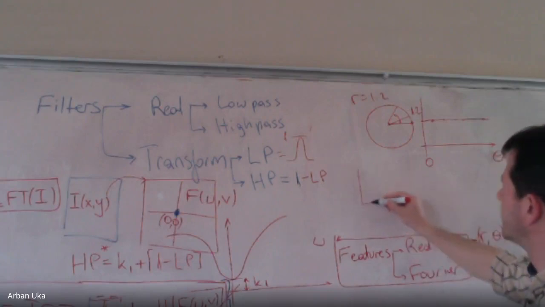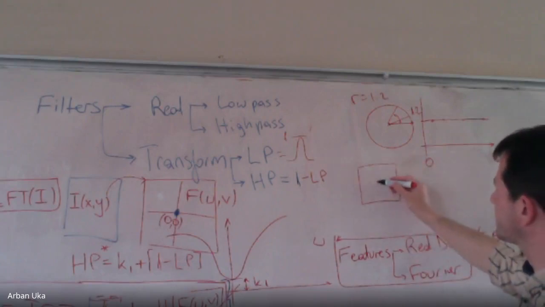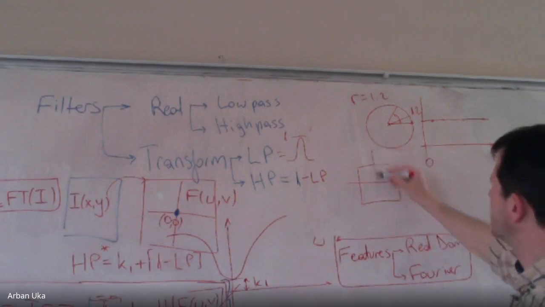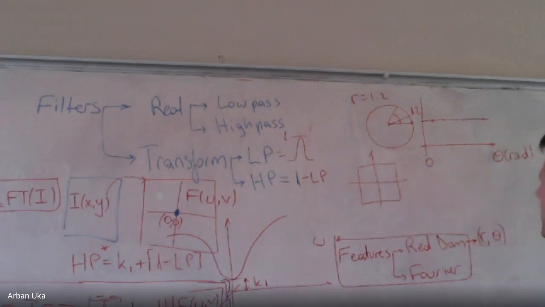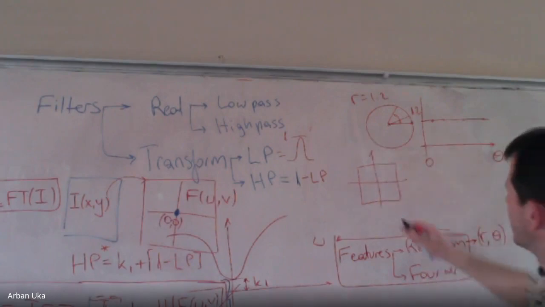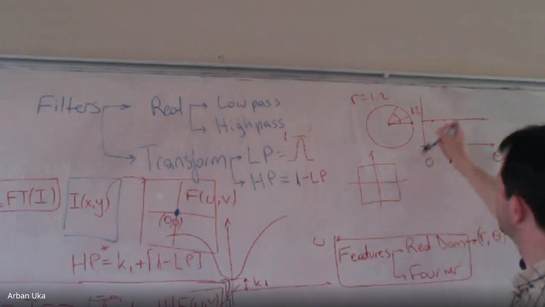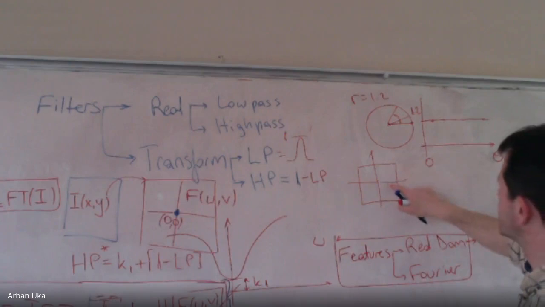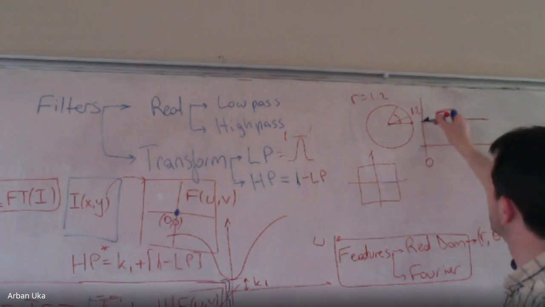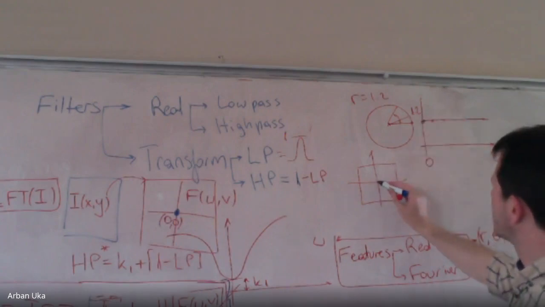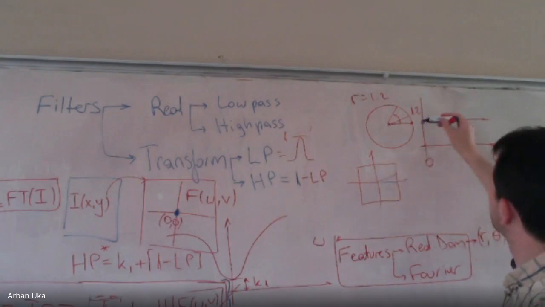Now, if the figure is something like this, then if we try to draw the same thing, when the angle is 0, we have a distance. What is the distance R? It is a small value. Then, as we increase the angle, this is going to increase.